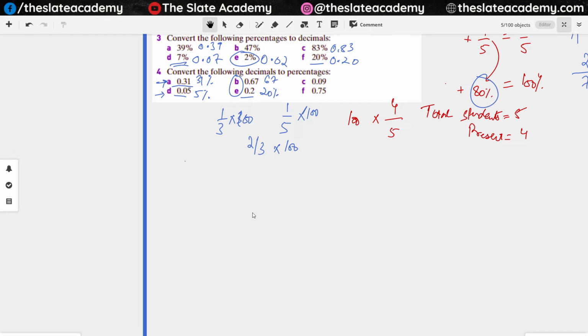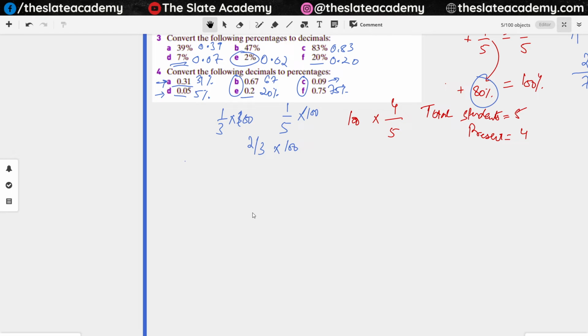What would be 0.09 as a percentage? No, not 90. 0.09 would be 9% and 0.9 would be 90%. Okay. And what about 0.75? 75%. Excellent. Very good.